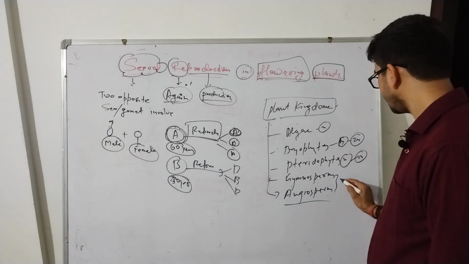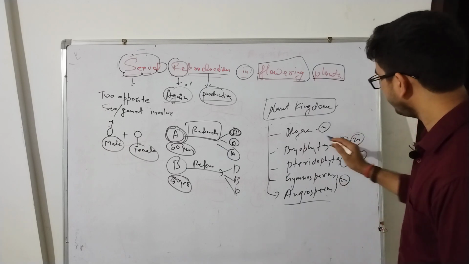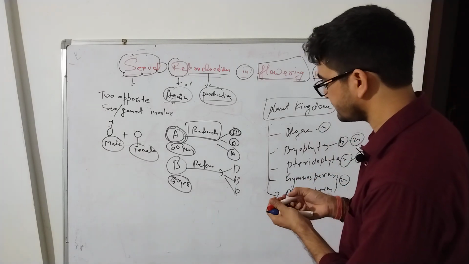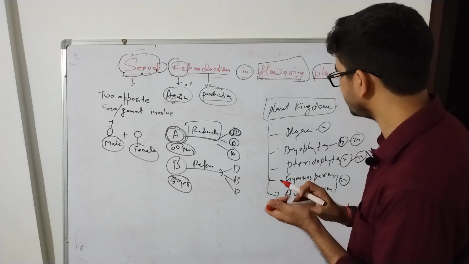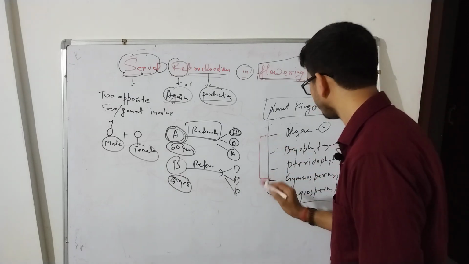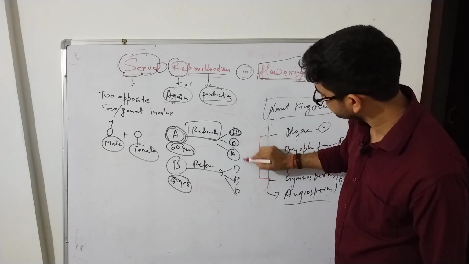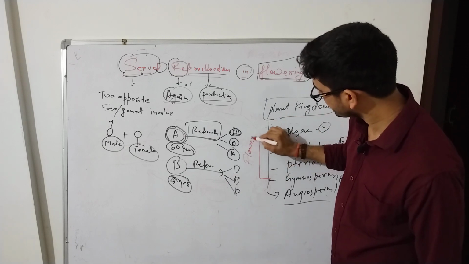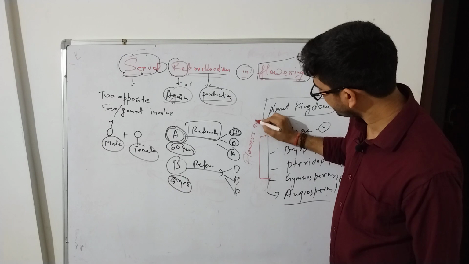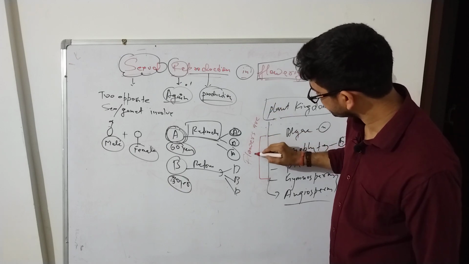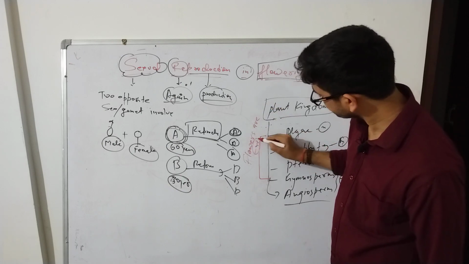Gymnosperm and angiosperm are diploid. From algae to gymnosperm, in these types of classification of plants, flowers are absent.